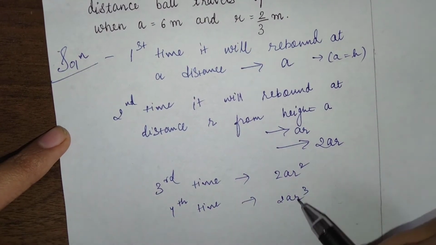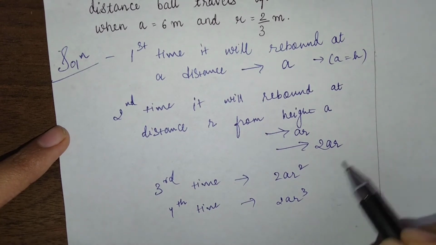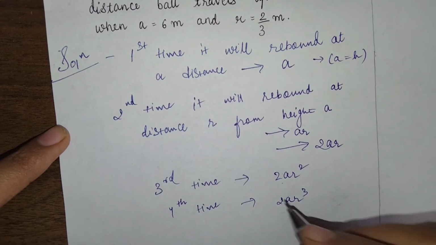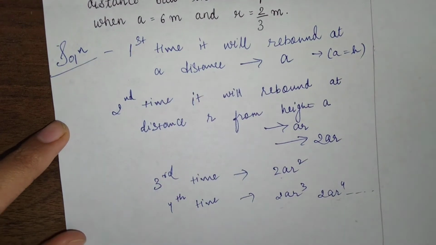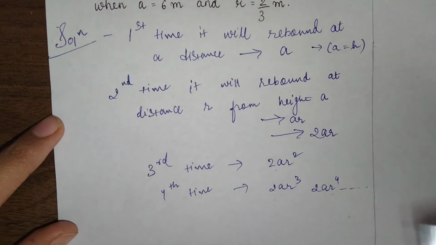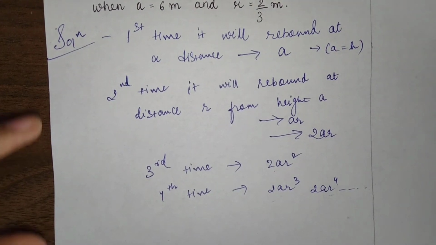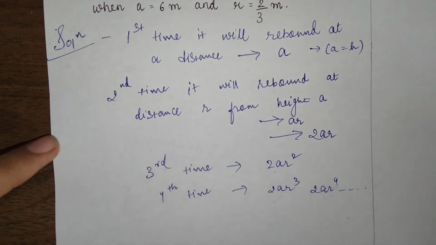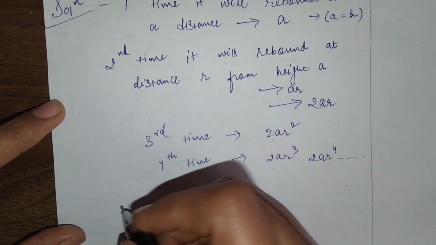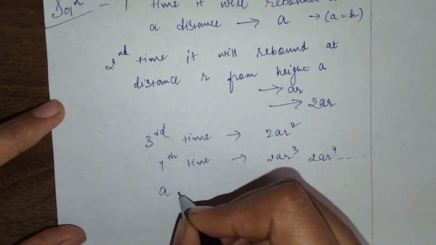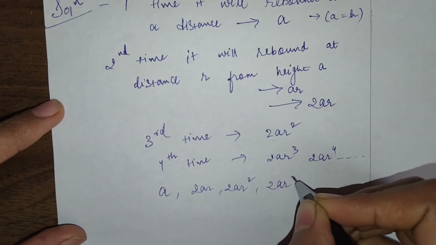That is, the distance will keep increasing. First it was a, then 2ar, then 2ar square, then 2ar cube, then 2ar to the power 4, and so on. Okay? And it rebounds up and down. So we will get 2ar. Now we can get its series, that is a, 2ar, 2ar square, 2ar cube, and so on.